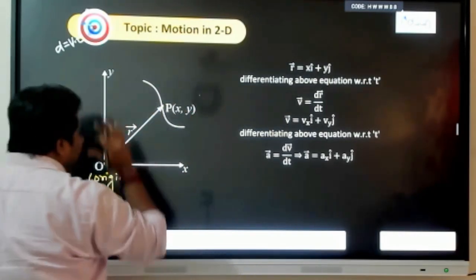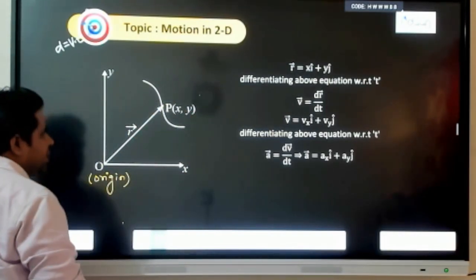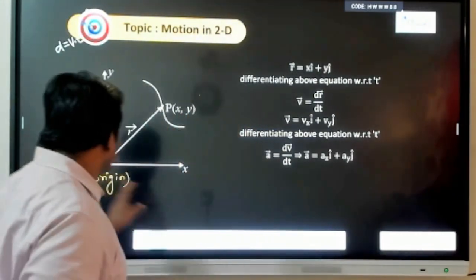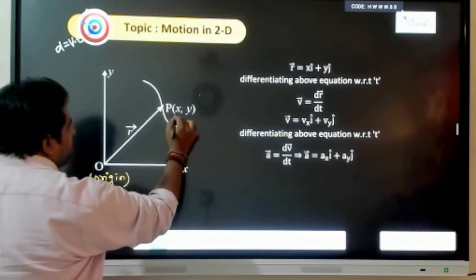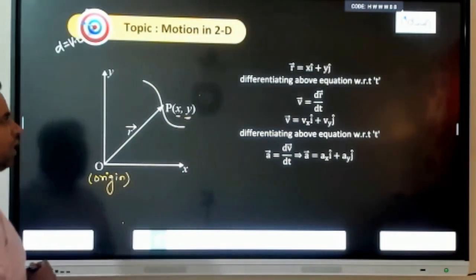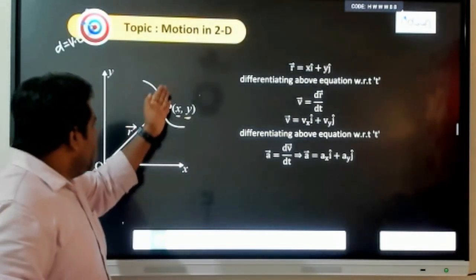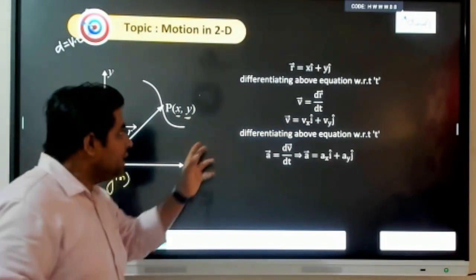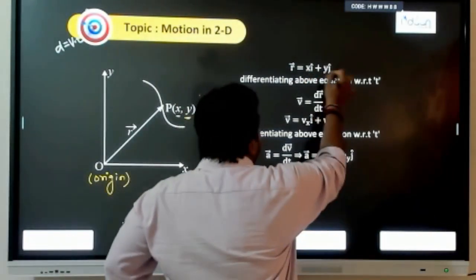If this person is standing here and we take the measurement of the position of that object with reference to the origin, then definitely I am going to write x origin and y origin. I hope you are getting my point. So x is exactly on the x-axis, so it is the magnitude part. So we can write the position vector like this: x i cap plus y j cap.